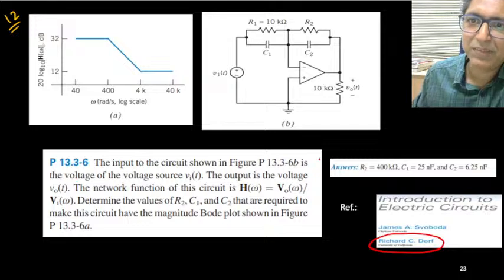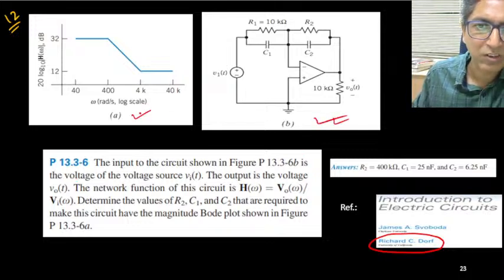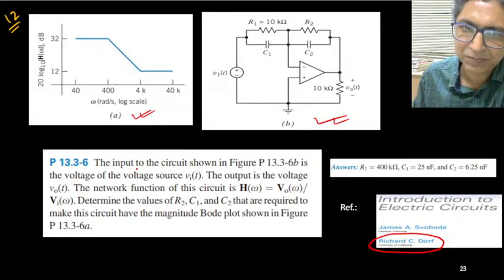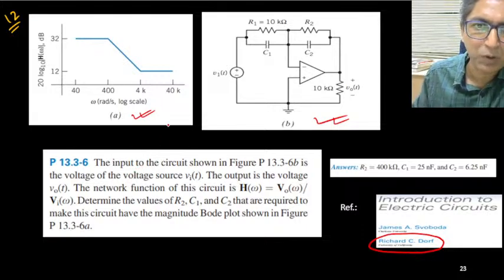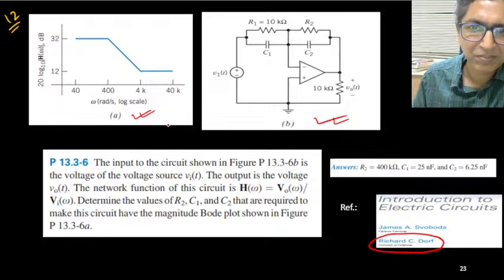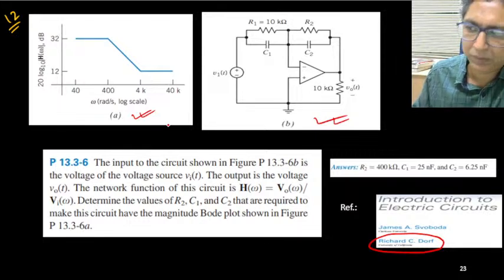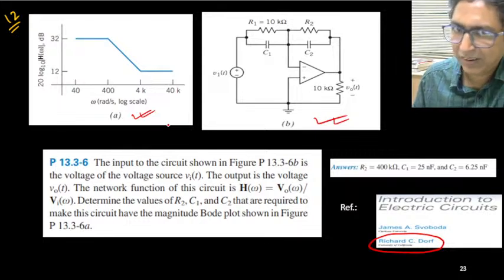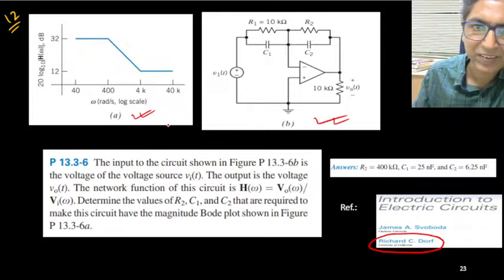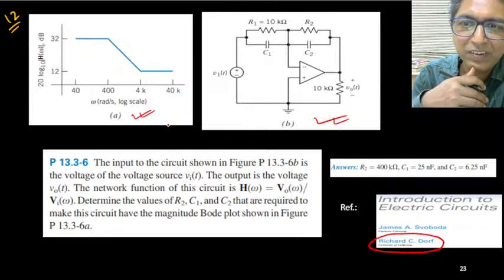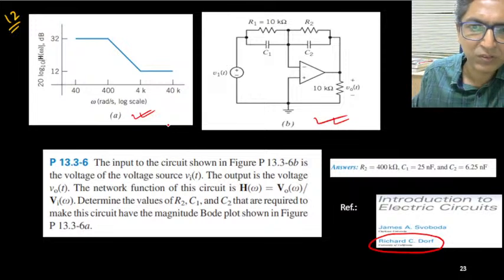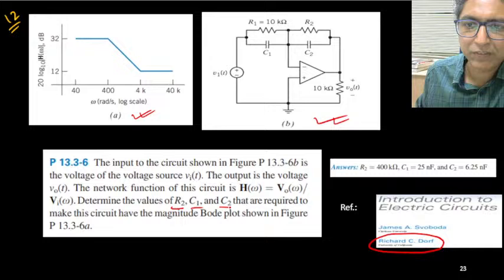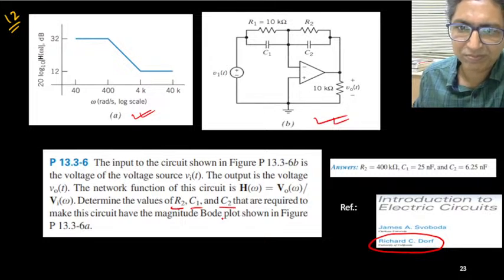The circuit is given, and its corresponding magnitude plot is also mentioned. This is generally called a Bode plot. Piecewise linear plots are mentioned there. But from here, can you determine R2, C1 and C2 from this Bode plot?